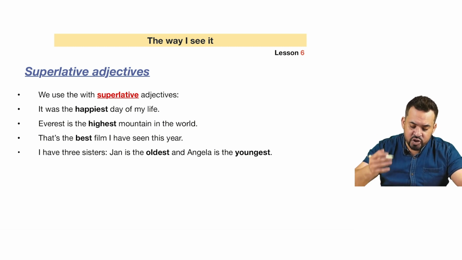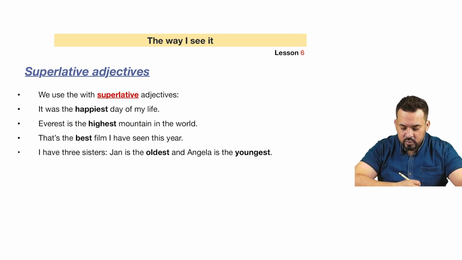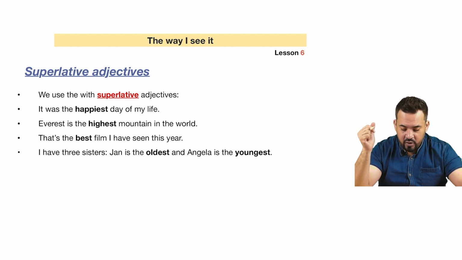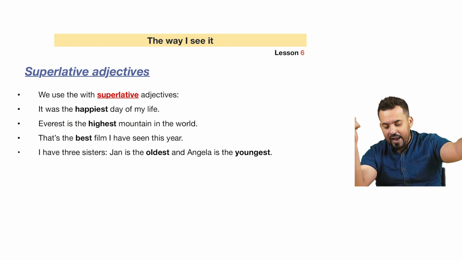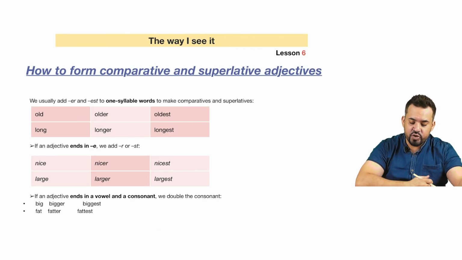Like, this was the happiest day of my life. Everest is the highest mountain in the world. That's the best film I've seen this year. I have 3 sisters. Jan is the oldest. Angela is the youngest. So with superlative adjectives, we always use the.